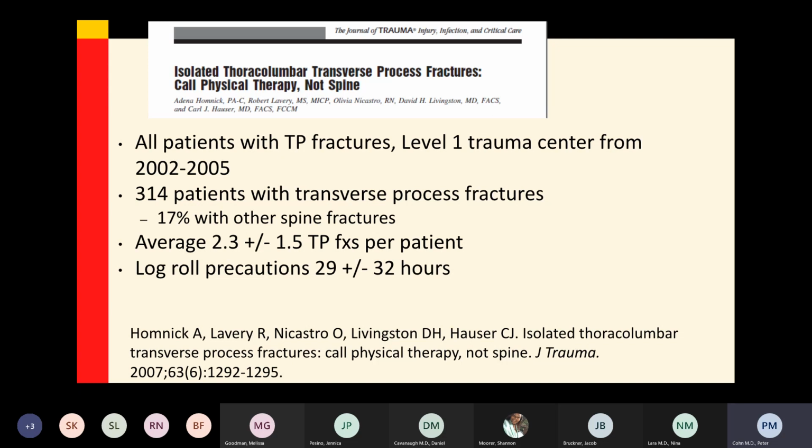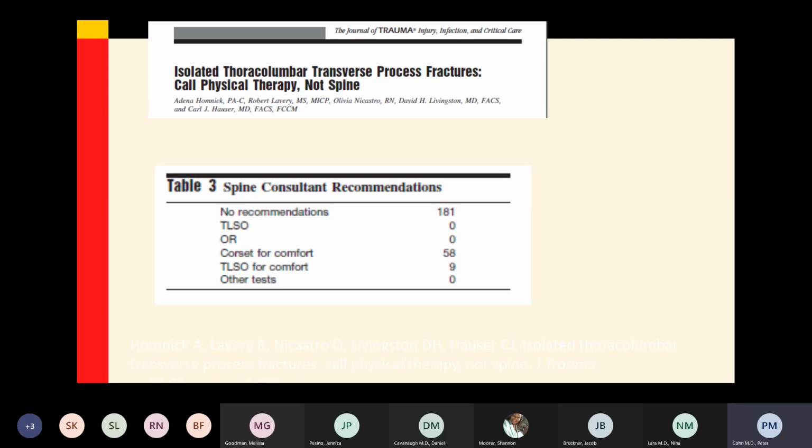And on average, most patients had actually more than one transverse process fracture. And while they were being worked up, they were held on log roll precautions and kept in bed. And what they found was when they consulted spine, often they either had no recommendations or they recommended bracing for comfort. And really didn't get much more out of us.